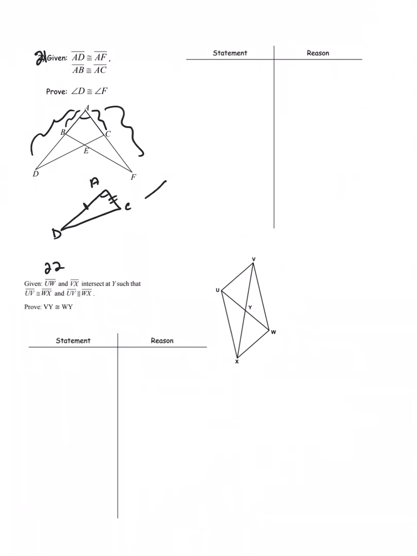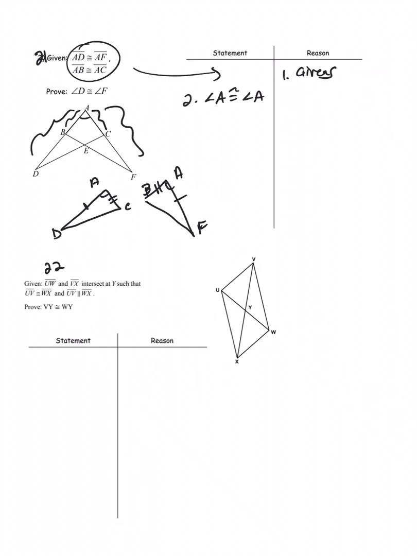All right, so then we have this triangle, ABF. So this is what we're going to have. Of course, you put the givens first. Then in line 2, we're going to put angle A is congruent to angle A. Reflexive property.